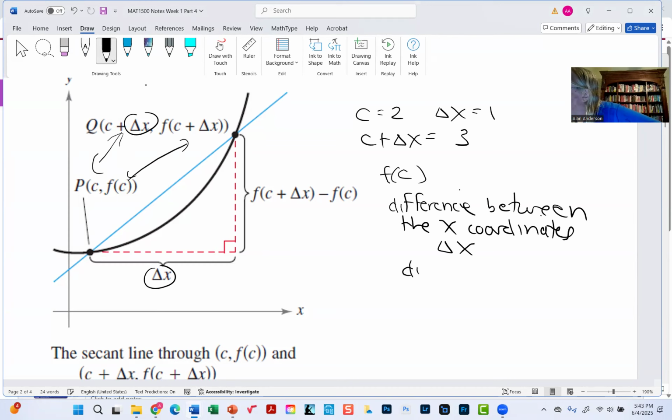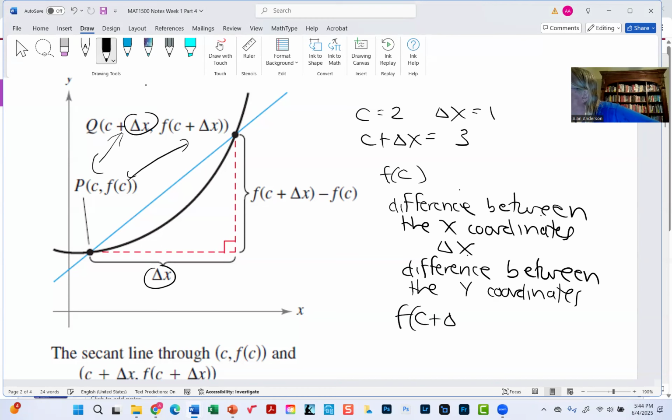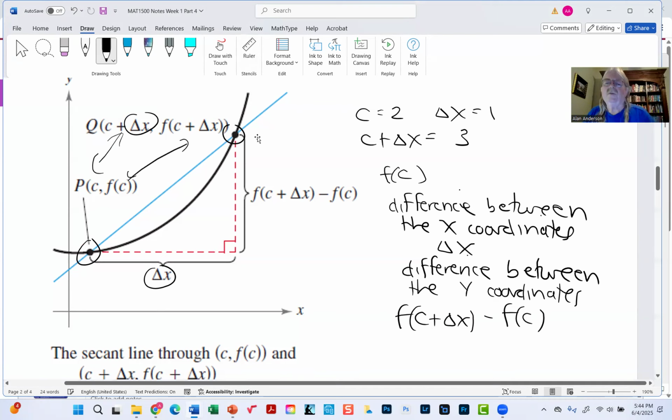But the difference between the Y coordinates, we don't know without knowing the function. So we're going to write it as f of c plus delta x minus f of c. We're implicitly assuming that we're moving from this point down here to this one. It doesn't really matter which is the starting point and which is the ending. These results will be the same either way.